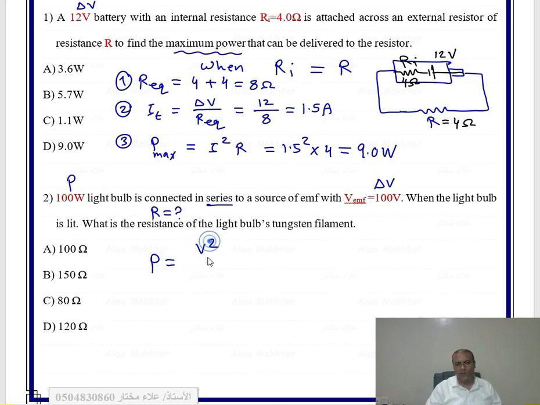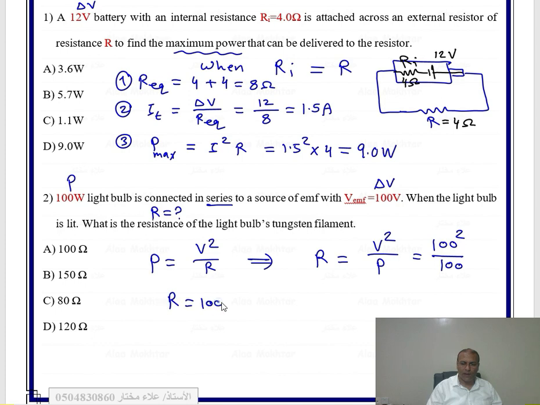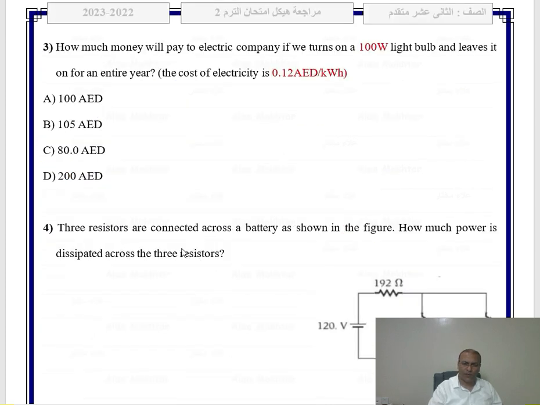Power equals V squared over R, so R equals V squared over P, 100 squared over 100, R equals 100 ohm.